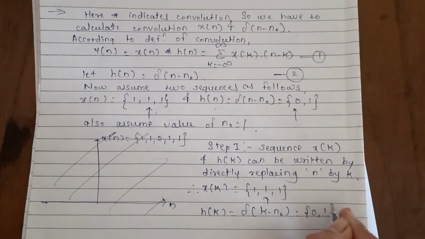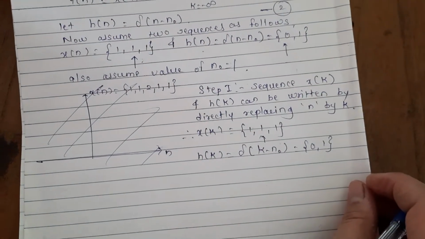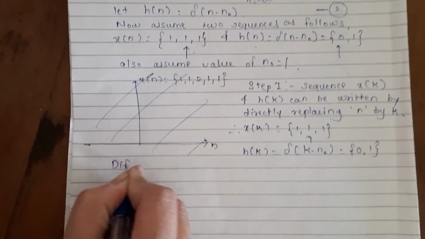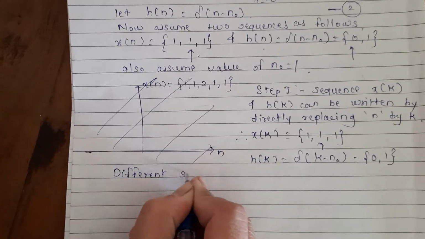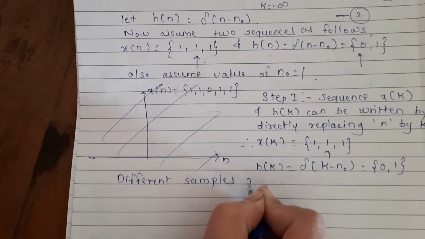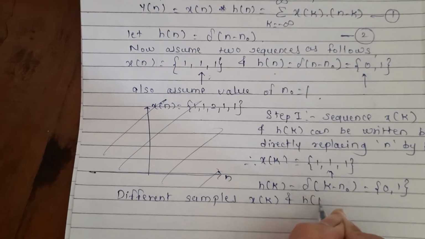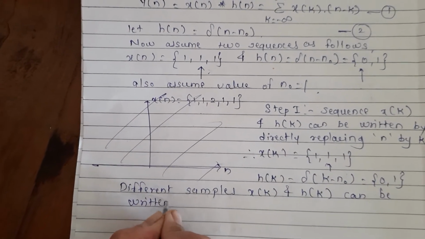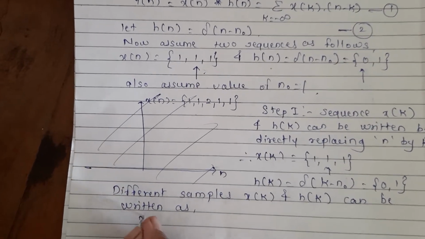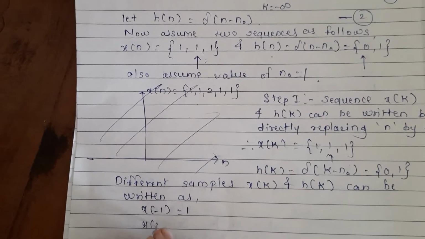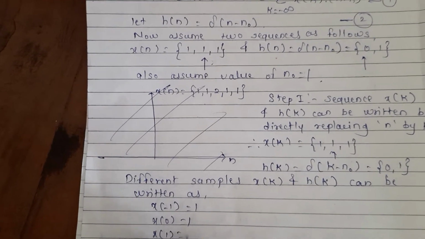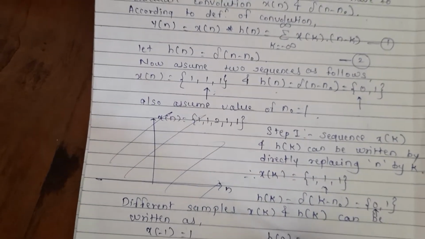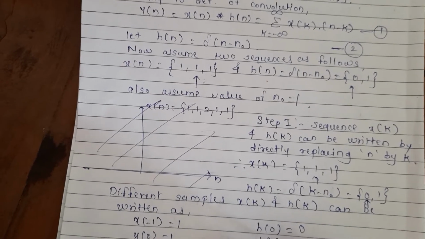This sequence is 0 and 1. Now the different samples: x of minus 1 is 1, x of 0 is 1, and x of 1 is 1. Similarly, h of 0 is 0 and h of 1 is 1.